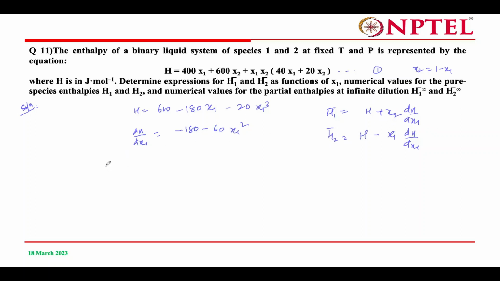So you will get H1 bar, and replace X2 with 1 minus X1. So H1 bar equals 420 minus 60 X1 square plus 40 X1 cube, right? Equation 2.